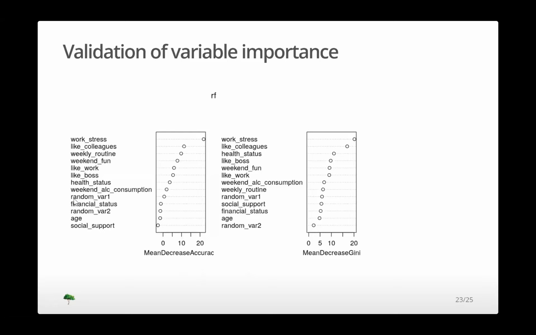You can make up some variables and call them random var1, random var2, and include them in the model. Ideally, you'd like to see that these variables are at the bottom of your importance list. If they're at the top, you have a problem. You can't really trust that your model knows what to do with the random variables, and you can't trust that the variable importance that you have is accurate.